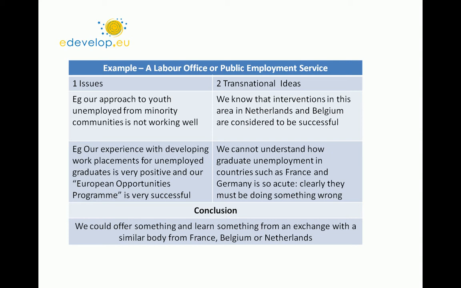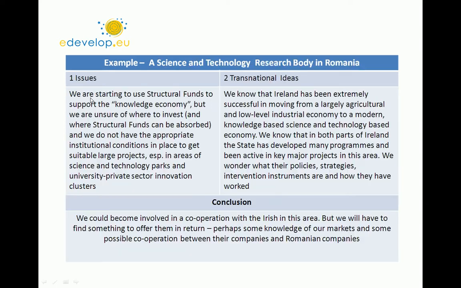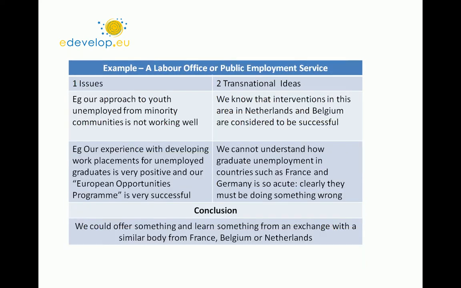It gives a simple example of a labour office or public employment service. Now, on the left hand side we have a series of issues, and on the right hand side we've got corresponding possible transnational ideas. So if we look at the issues, we have, for example, an organisation, a labour office, which considers that its approach to youth unemployed from minority communities is not working well.